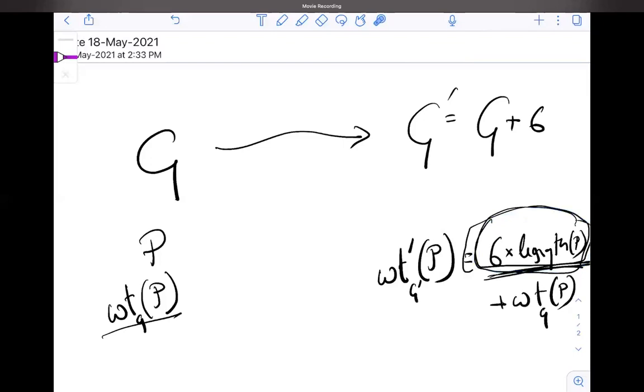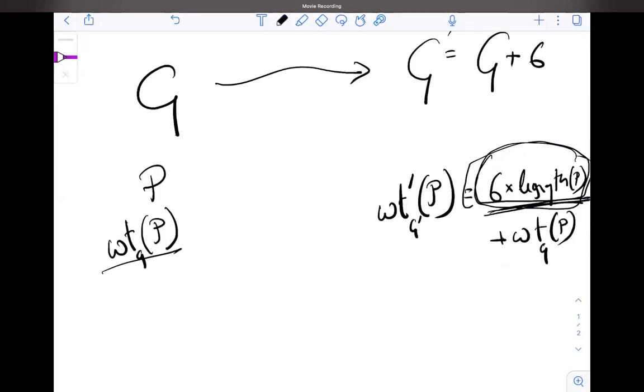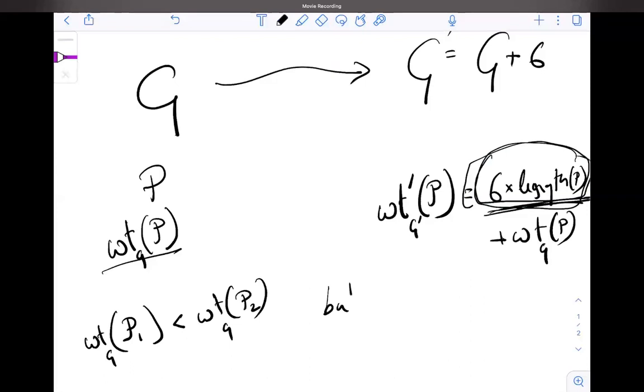It's very well possible that if the weight of P1 in G is less than the weight of P2 in G, but when I look at the weight of P1 in G prime, this changes. The weight might have changed.